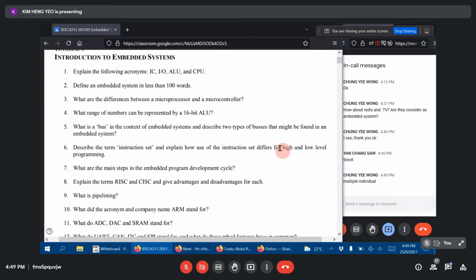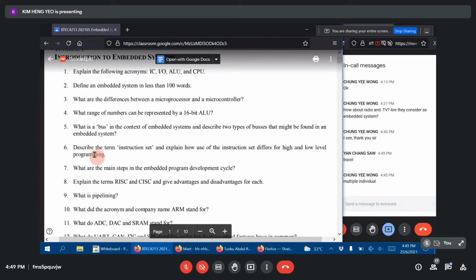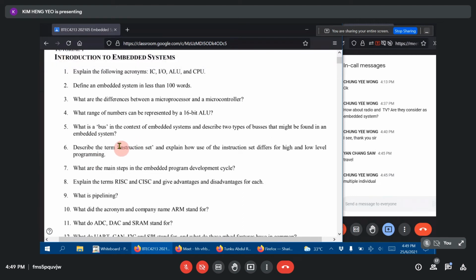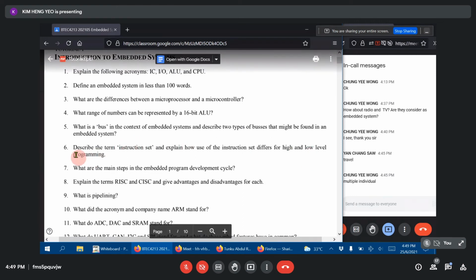Low level programming means you are writing your program directly using those instructions. In other words, low level programming is assembly programming. No need to compile. You're using the instructions that the processor can understand directly. That's the difference between high level and low level programming.